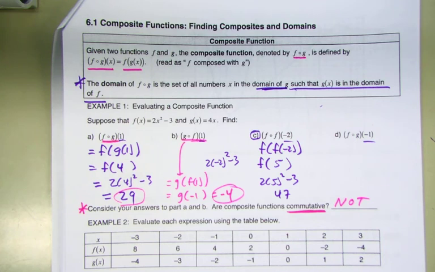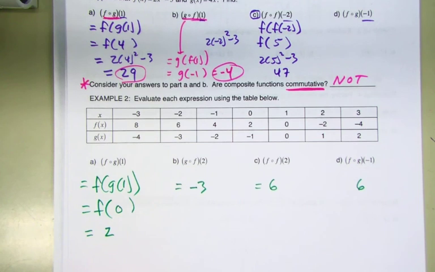What were your answers? Negative 3 for the first one, 6 for the second one, and 6 again for the last one. Is that what everybody got?